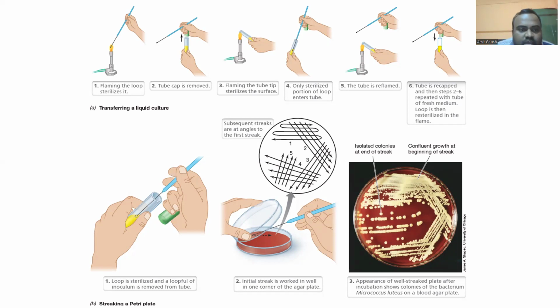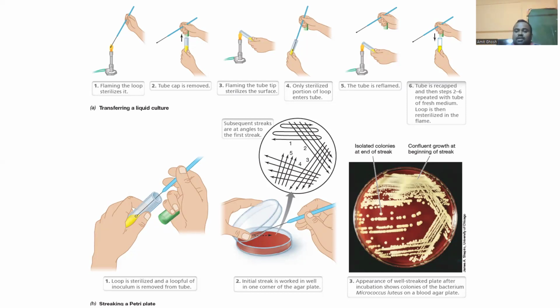You can see here six steps are mentioned. Step 1 is you need to flame the loop to sterilize it. Next, the tube cap needs to be removed. Next, flame the tube tip to sterilize the surface. Number 4, only the sterilized portion of the loop enters the tube.